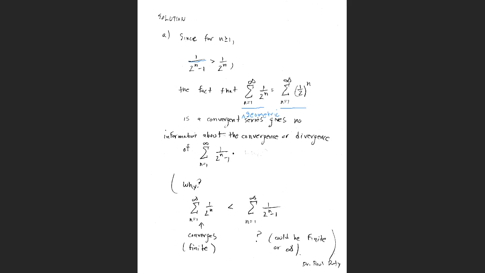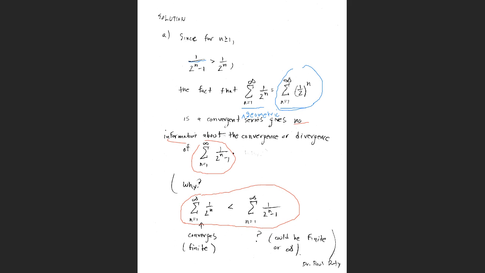But in this case, the fact that the geometric series converges isn't going to give us any information about the series that we're interested in. Now, why is that? I think we agree that this is a true statement: the series that we're interested in is larger than that geometric series.